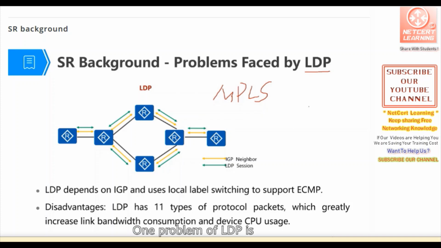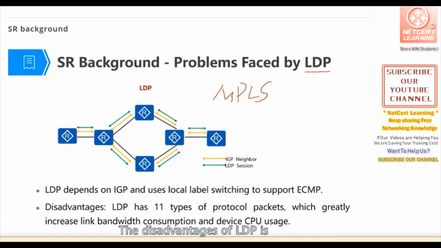One problem of LDP is that LDP depends on IGP and uses local label switching to support equal cost multiple paths. It means if we want to run LDP, first we must run an IGP protocol such as OSPF or IS-IS. They must have learned the IP routing information. Then they can use LDP to distribute the labels.